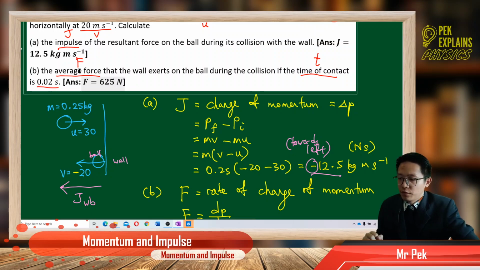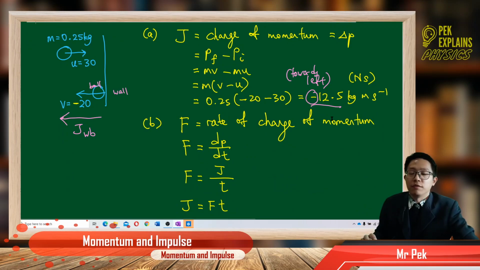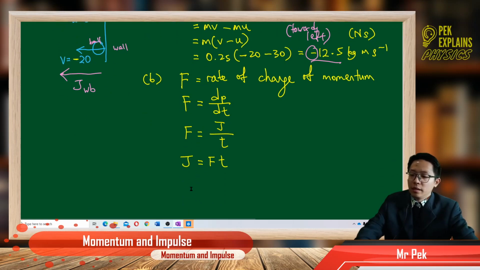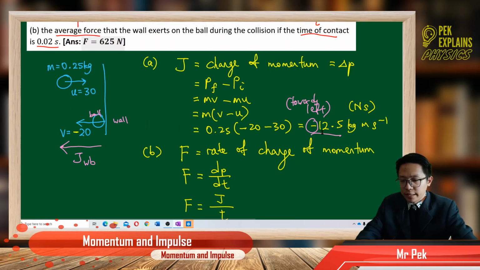So to find the impulsive force, F, impulsive force is actually the rate of change of momentum, or dP over dt. So dP is the change of momentum, which is also called the impulse. And dt is the time taken. So when multiplied by t above, we have impulse equal to Ft. We already got the impulse just now, negative 12.5.